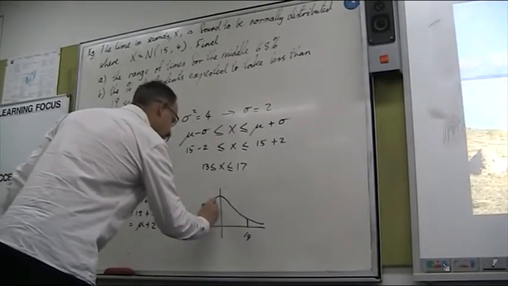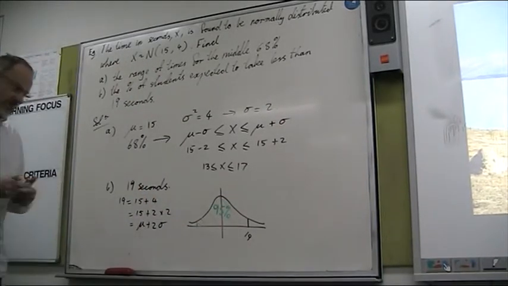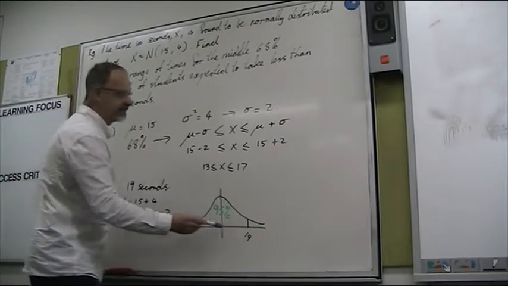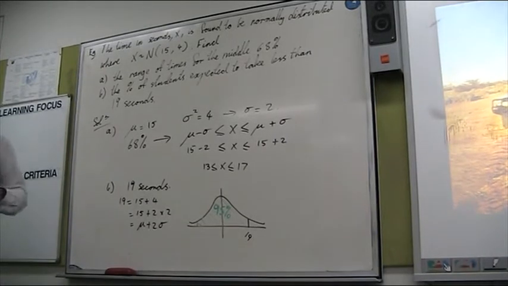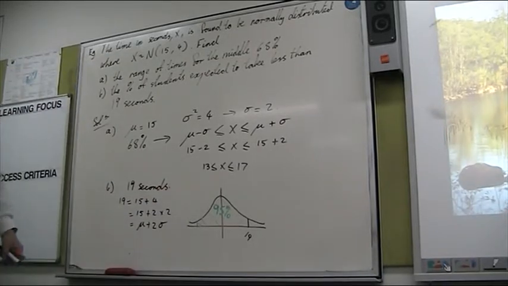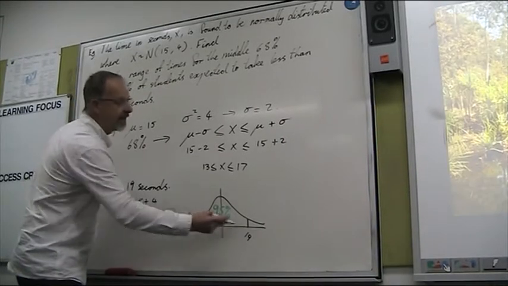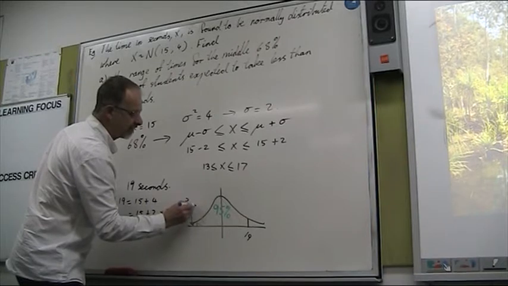So if there's 95% in that middle bit, how much is there going to be in each of the end bits? 2.5, because this is symmetrical, isn't it? Theoretically, yes, it is symmetrical. So that there and that there have got to be the same, and so that's got to be 2.5%.